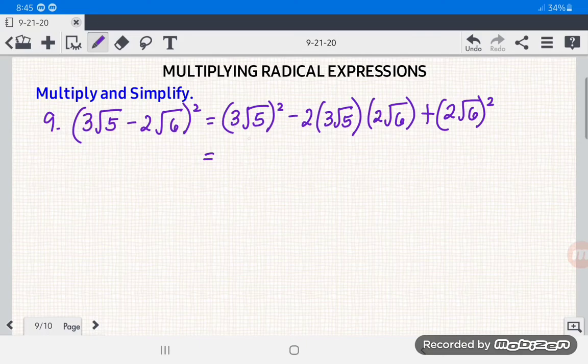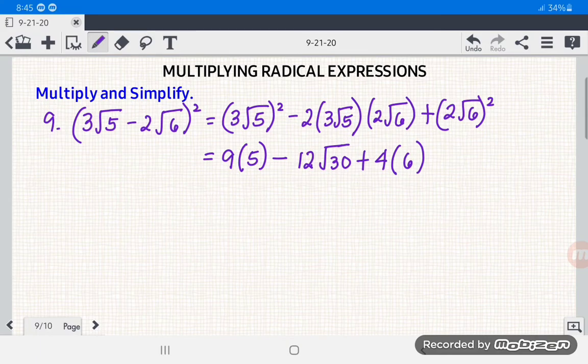Then we have 3 squared, we have 9. Then square root of 5 squared, we have 5, so times 5. Then minus 2 times 3 times 2, the coefficients, so we have 12. Then square root of 5 times 6, we have 30. Then plus 2 squared, we have 4, then times square root of 6 squared, so that is 6, the radicand itself.